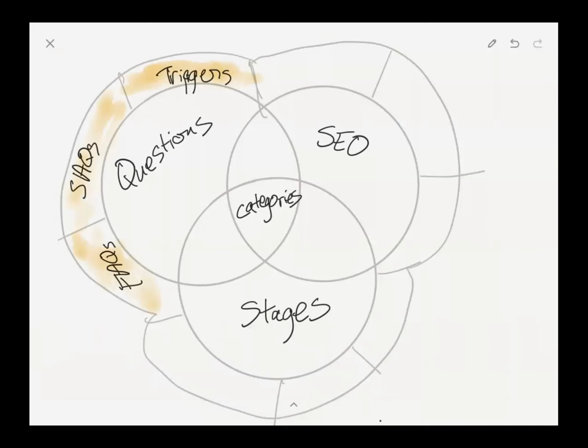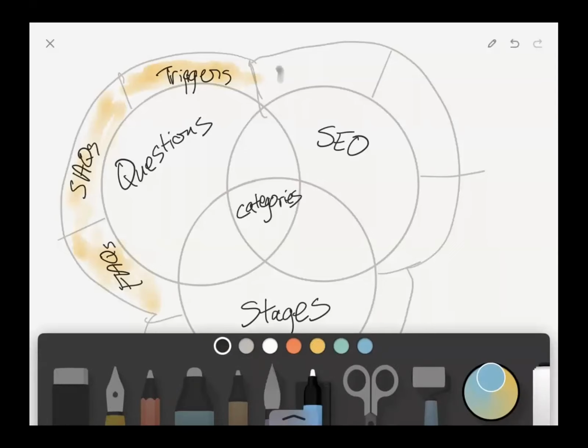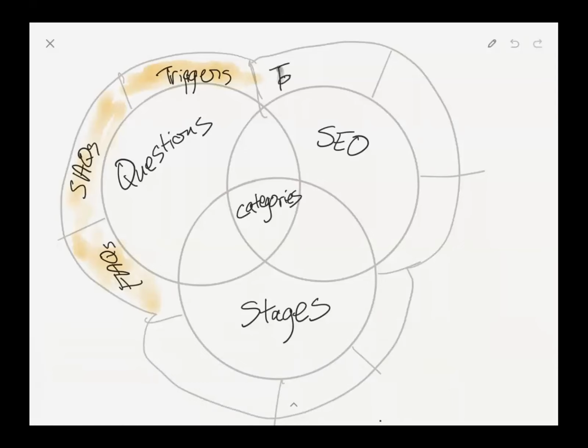So the first one was for your audience, the next one's for Google, okay? And SEO is not as important as it used to be, but it is still extremely important if you want to rank and get organic traffic. So what we are looking at is our top existing keywords, okay?